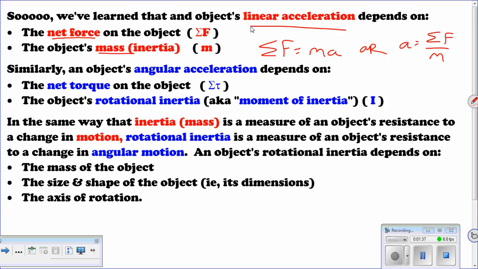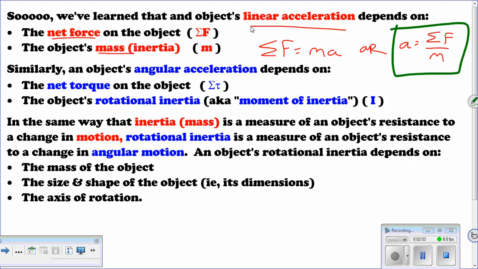So what we want to do is come up with a rotational counterpart for this equation. In other words, what's the relationship between the torque on an object and the angular acceleration? To discuss that, we need to talk about the rotational counterpart to mass, and weirdly, it's not the exact same thing.